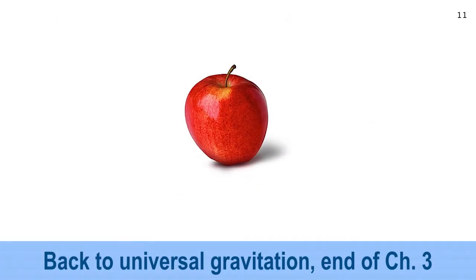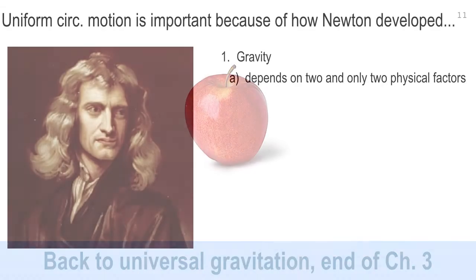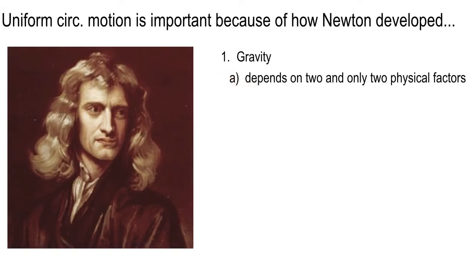Let's get back to universal gravitation. We did start talking about this, and we'll reinforce it, because we're going to apply uniform circular motion concepts, like centripetal force, to the idea of universal gravitation that Newton developed.